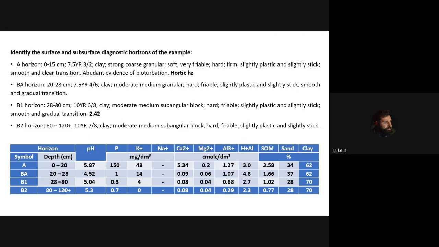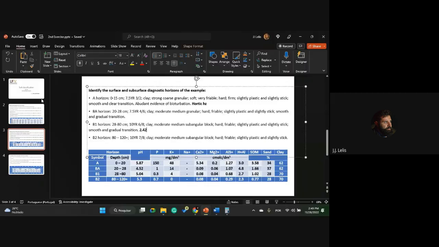And what we start to do, we start to classify soils in the next class, okay? Using the classification of the surface and subsurface diagnostic horizons. So in this case, we have the ferralic horizon here, and here we have the ferralic horizon too.